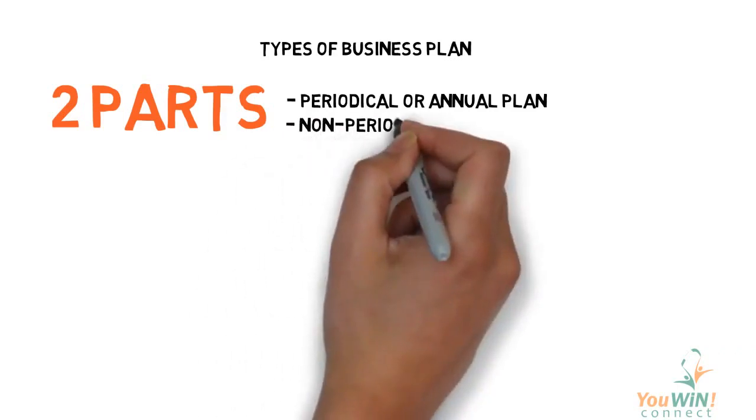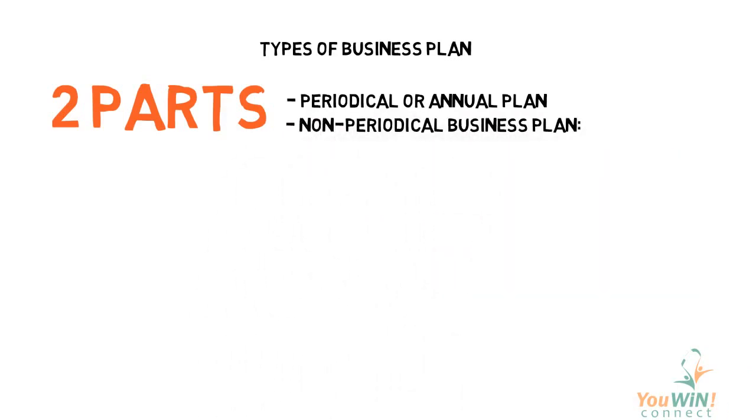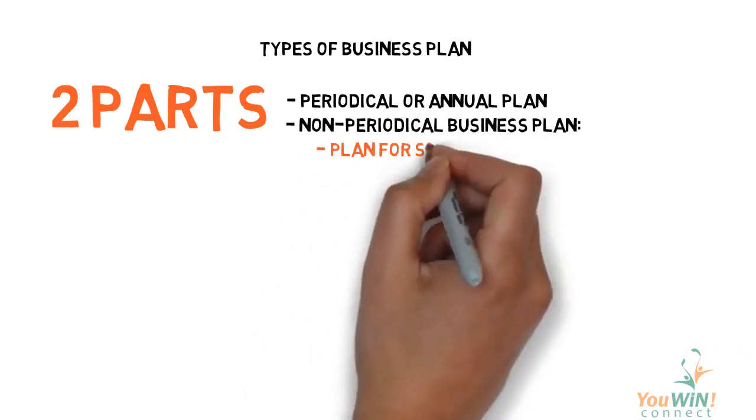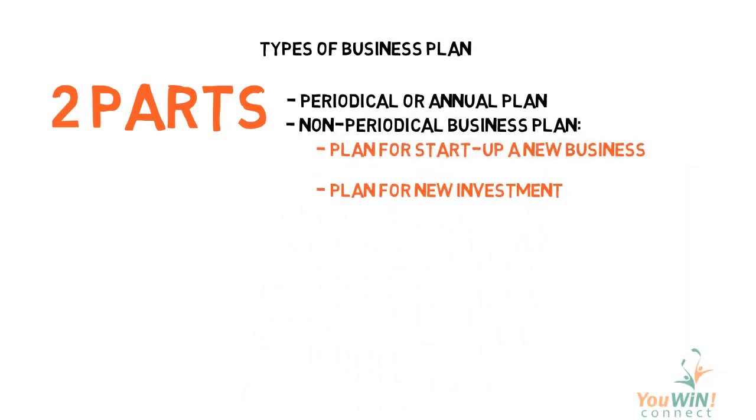The second type of business plan is a non-periodical business plan. The non-periodical business plan can be looked at in 2 ways. One, it could be a plan to start up a new business, or it could be a plan for a new investment. Usually, a non-periodical business plan would feature objectives which range from 3 to 5 years.